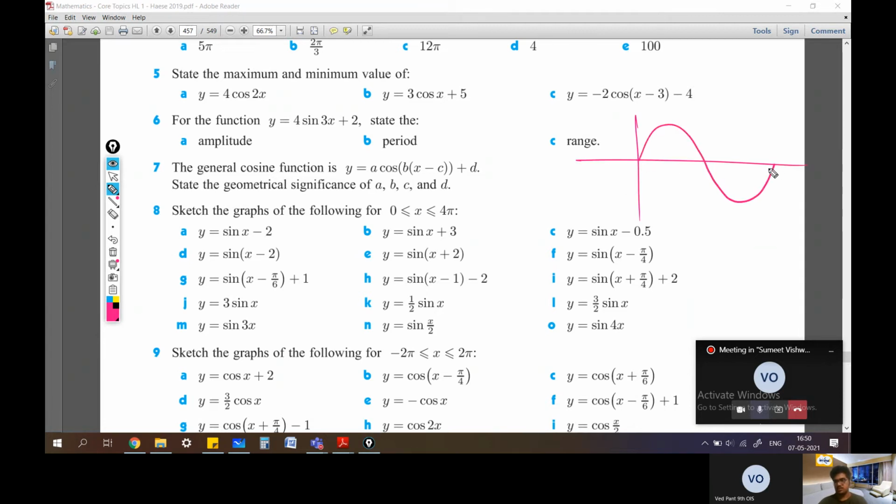This is my 90, so only 30 degrees. Okay, but then also plus one, so the actual figure will look somewhat like this. Right, okay, I see that. Yeah, this is correct then, sir.